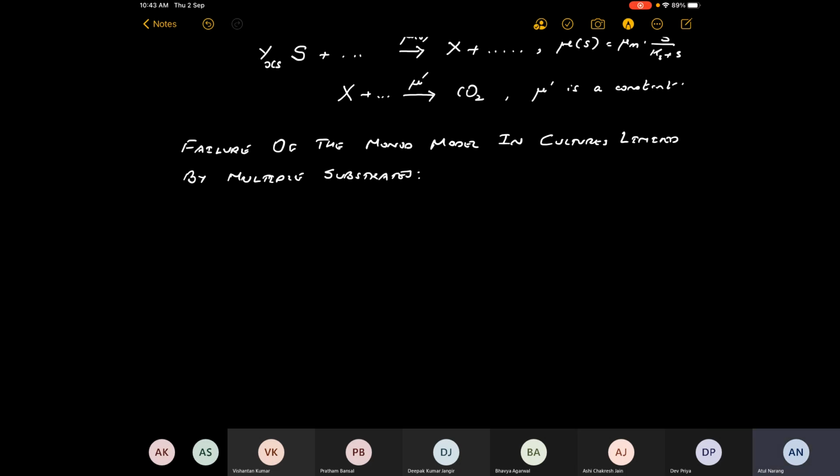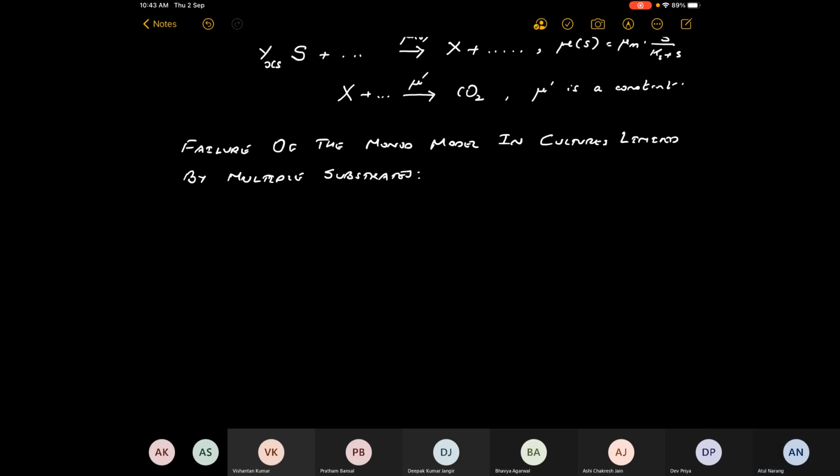Actually, we'll be looking at only two. There's no need to go beyond that. Actually, two already takes you to the state of the art, meaning people are still grappling with understanding what happens when cells grow on two growth limiting substrates.